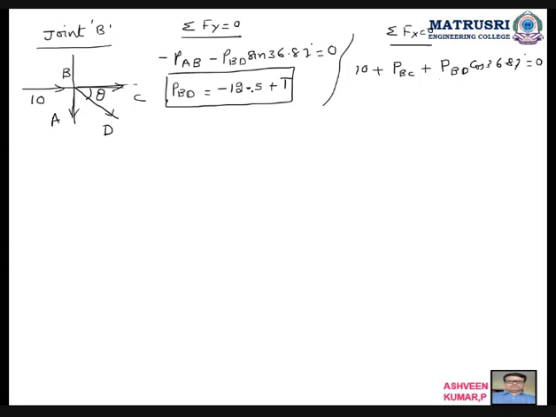PBD, you know the value, minus 12.5 plus T. Substitute that, we will get the value of PBC. Substituting the value of PBD, then we will get the value of PBC. So PBC is equal to minus 0.8 T.